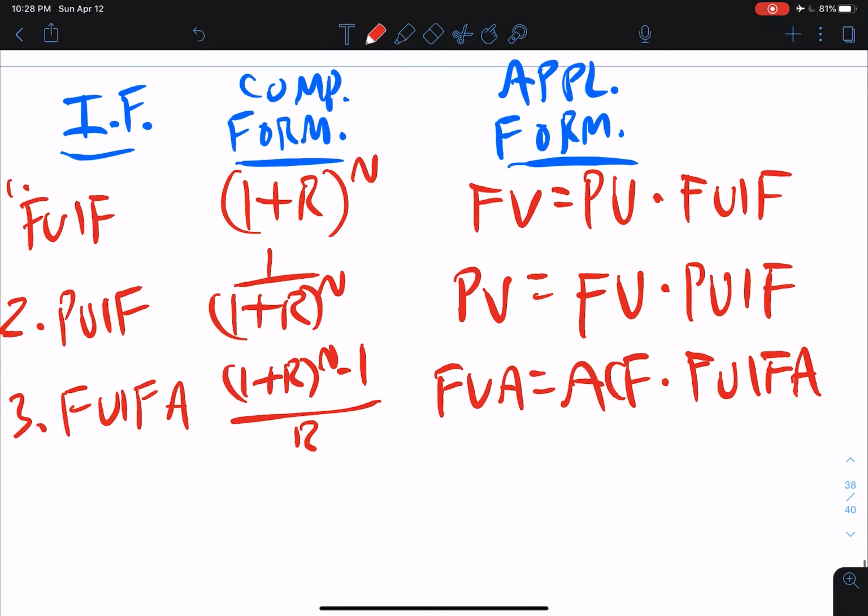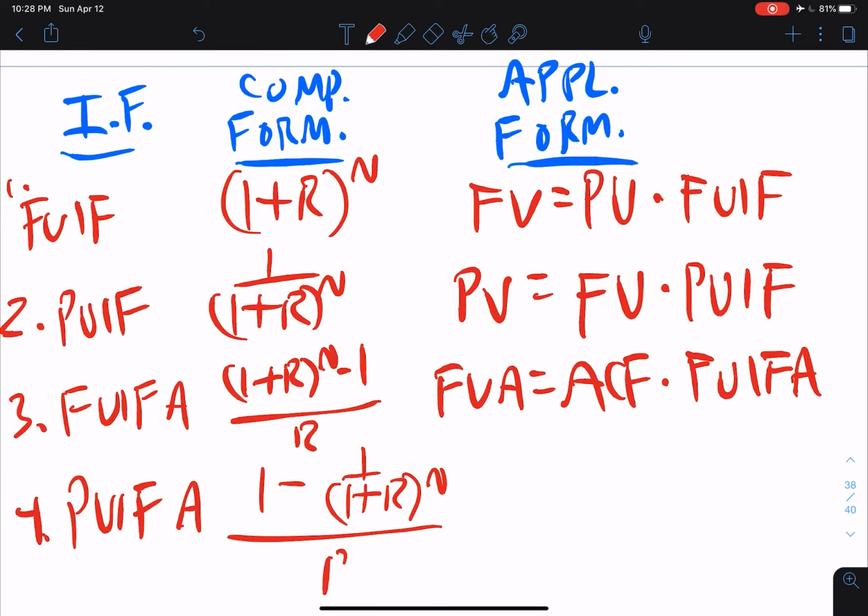Okay, and then the one we just learned in this video, the interest factor was the present value interest factor for an annuity, PVIFA, and the computational formula is 1 minus 1 over 1 plus r to the nth power over r.